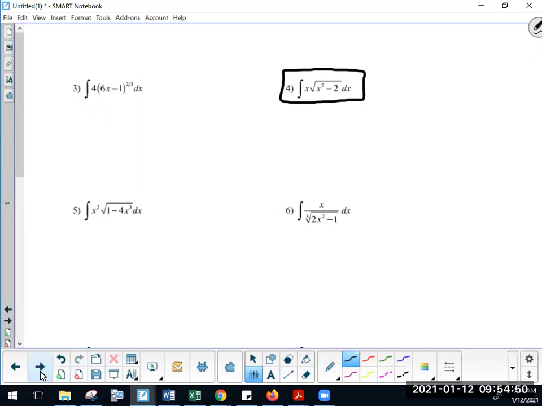But this has potential. What's the potential I'm thinking about? The potential I'm thinking about here is, even though this is a product, I've got x squared minus 2 inside the square root function, right?